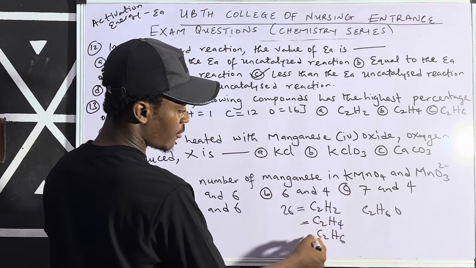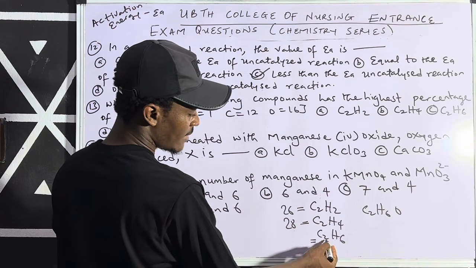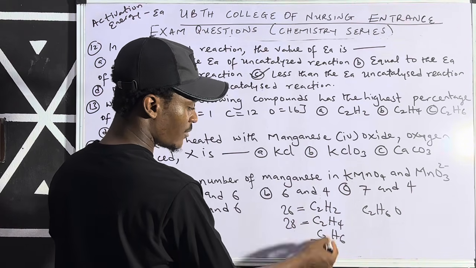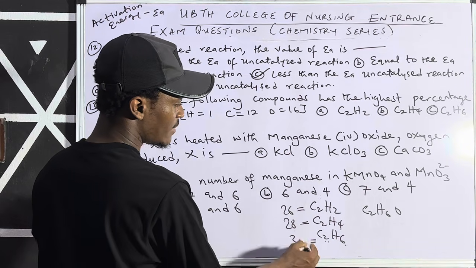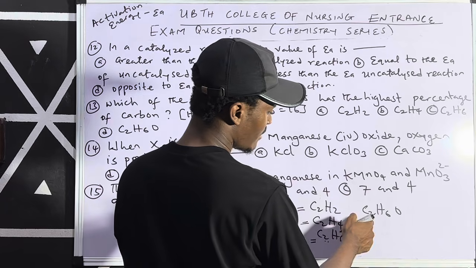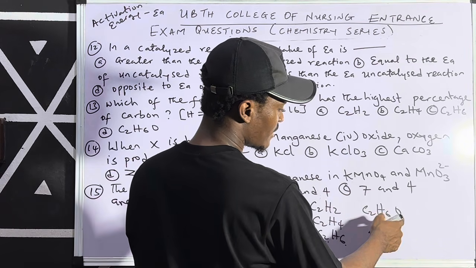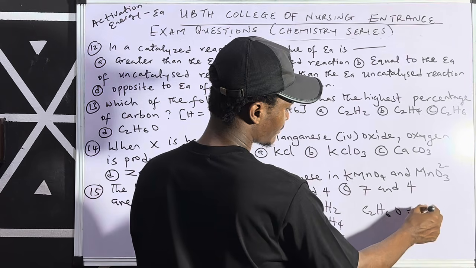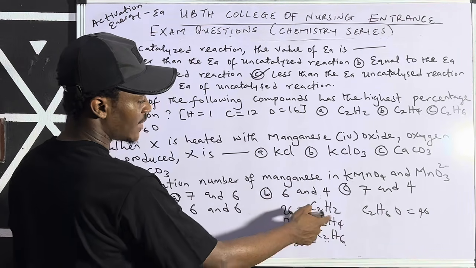So 24 plus 4 will give 28. Then for C2H6, carbon is 12 times 2 is 24, then plus 6 is 30. Then for C2H6O, carbon is 12 times 2 is 24, plus 6 is 30, then plus 16, that's 46.